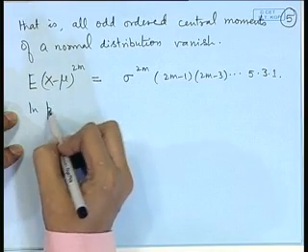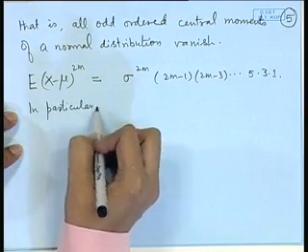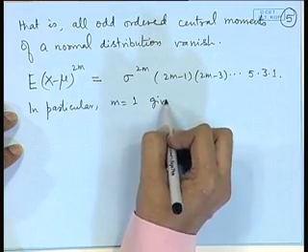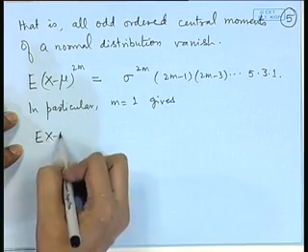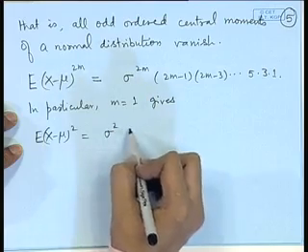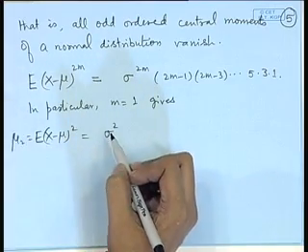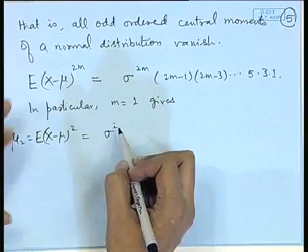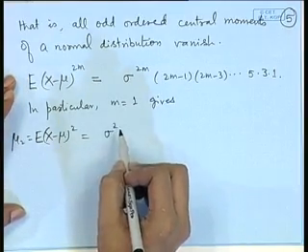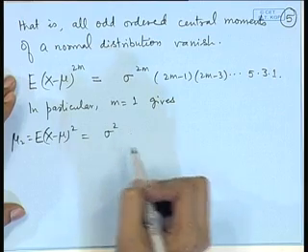So in particular, if I put m equal to 1, this gives expectation of (x minus mu) square equal to sigma square, that is mu 2. The second central moment of the normal distribution, that is the variance, is sigma square. As we have already seen, generally mu and sigma square are used to denote the mean and variance of a distribution. So, the nomenclature comes from the normal distribution where the parameters mu and sigma square actually correspond to the mean and variance of the random variable.